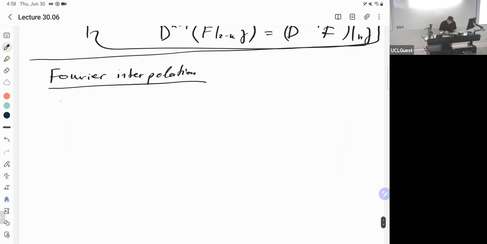Let me now come back to the first lecture. What I really want to explain is how to prove this interpolation identity in dimension 8 and 24. But let me just formulate it in dimension 8.